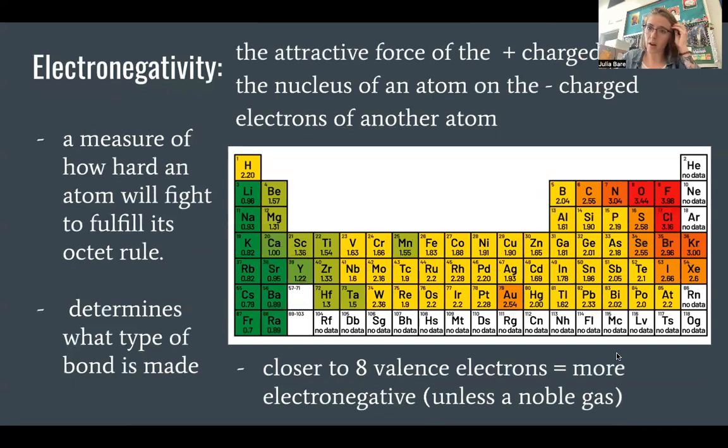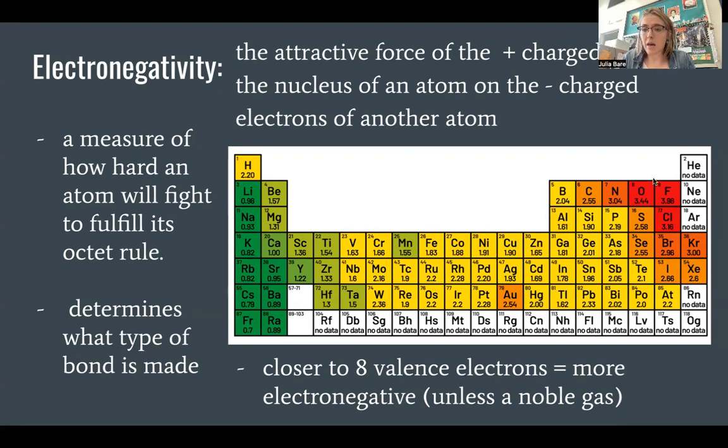We're going to come back to ionic bonds in a second, but the attractive force of atoms to each other is called electronegativity. So if you are thinking about what type of bond an atom will make, it's based on its electronegativity. It's a measure of how hard that atom will fight to fulfill its octet rule, right?